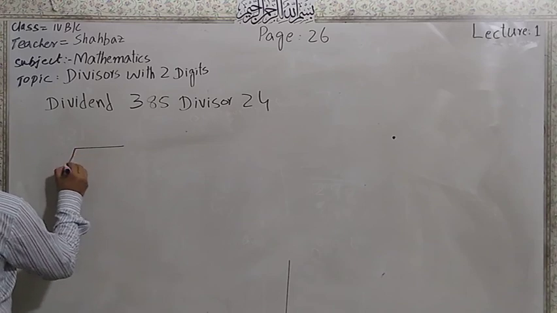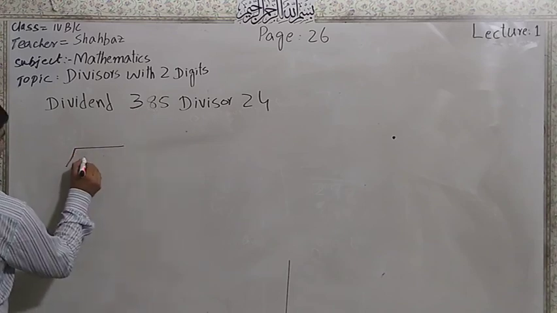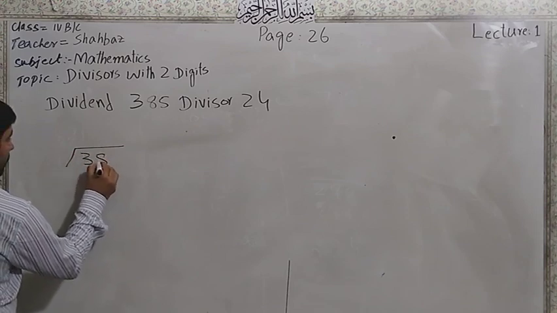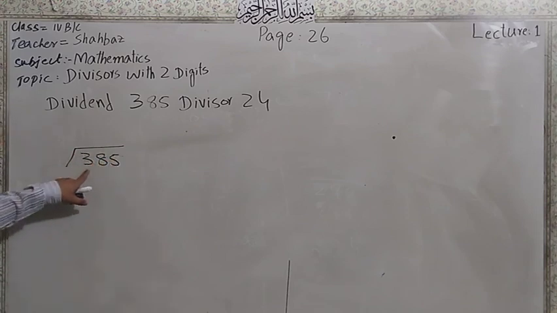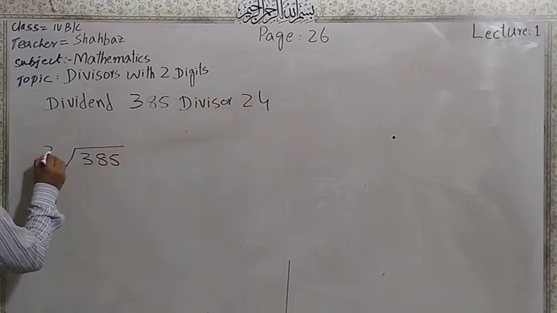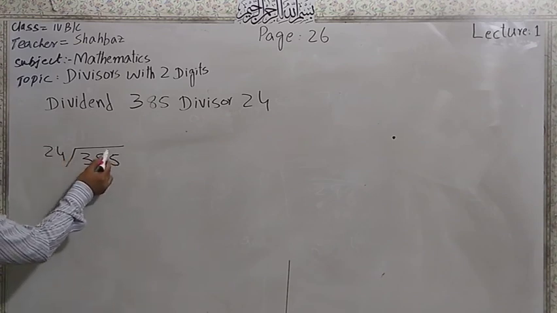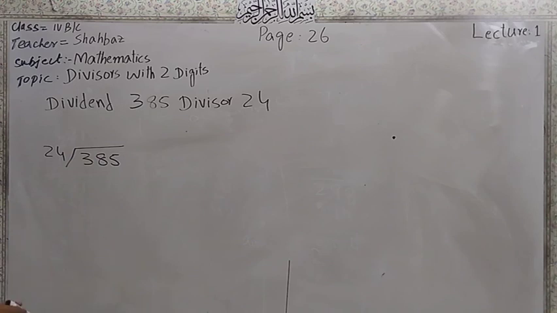This is the division sign. This 385 is called the dividend, and this 24 is called the divisor. Okay? Keep in mind.